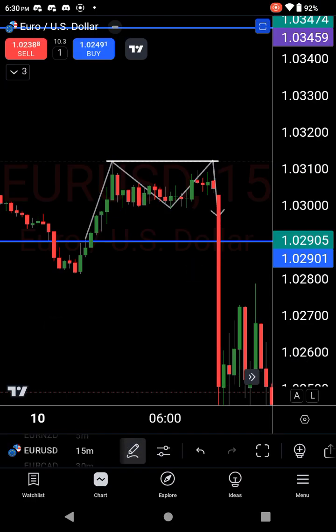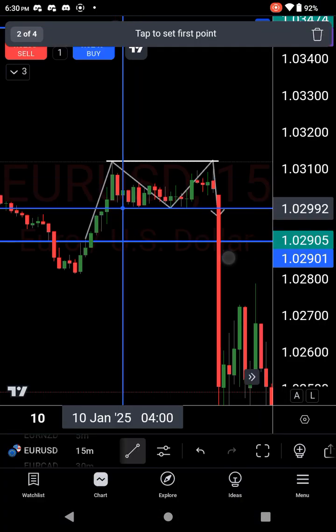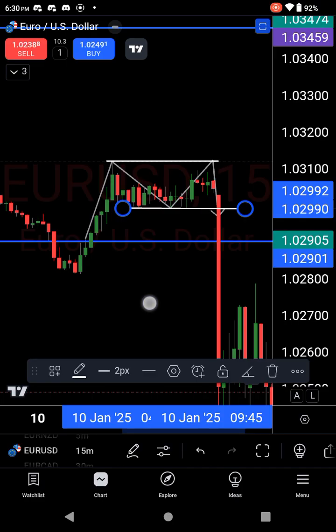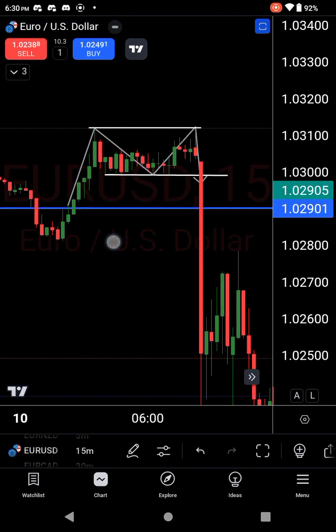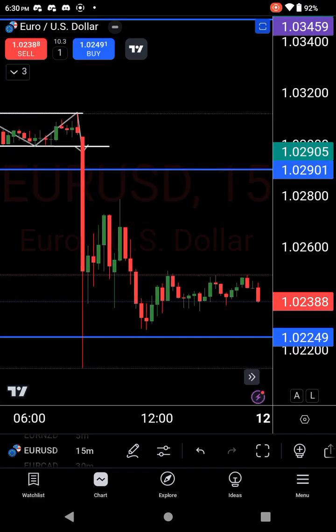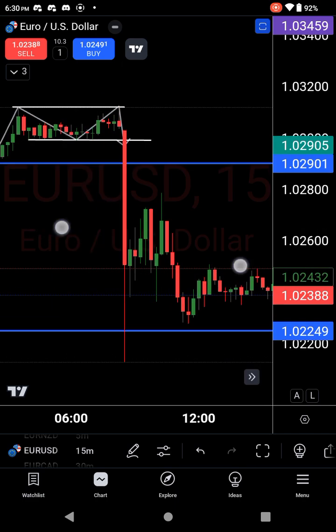And the break of the neckline is where we would have entered the trade, the break and close below the neckline. But given that this was a momentum move, it traded the length of the double top. However, it breaks below our support zone, which now becomes resistance. All right. And where did it go to? Went down, right down to our next support level.